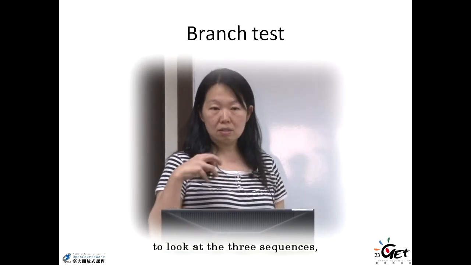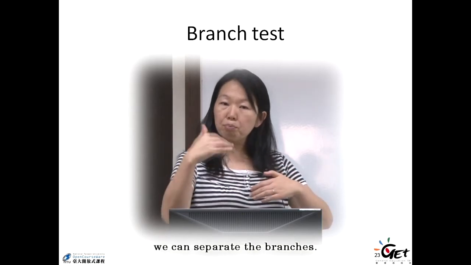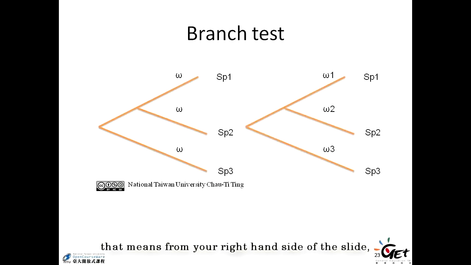To look at the three sequences, we can separate the branches. When we say branches, on the right-hand side of the slide, you will see omega 1, omega 2, and omega 3. That's the Ka/Ks ratio or dN/dS ratio for each branch from the node in the middle.